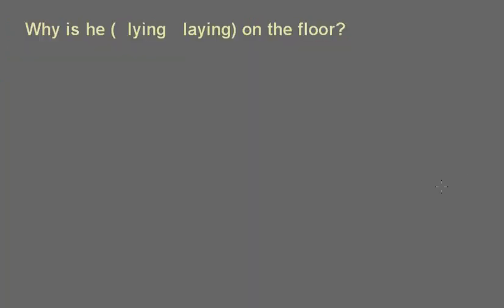Next one. Why is he laying on the floor? I told you it's this present participle that is most often misused. So let's see. Why is he putting on the floor? Why is he placing on the floor? No, wait. Why is he resting on the floor? Yes, I mean rest or recline. So that's to lie.